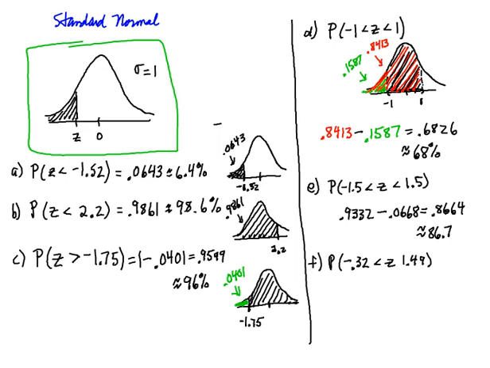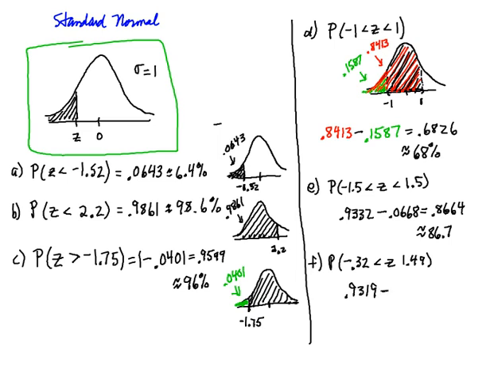Again, it's going to be pretty much the same as the last two. I'll have to look up the 1.49 first, and that would be over there on the positive z, page 2, row 1.4, but across to column 0.09. So that would be 0.9319.